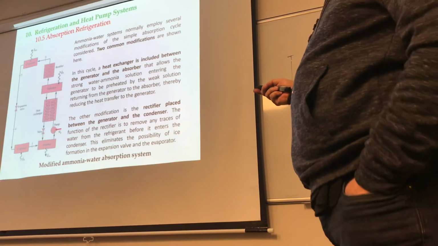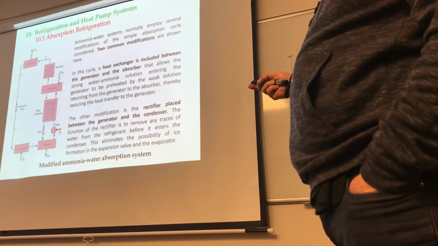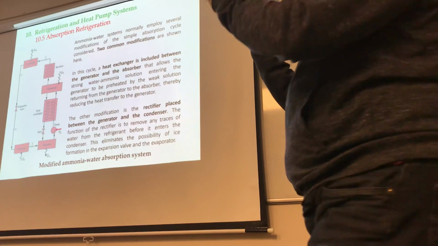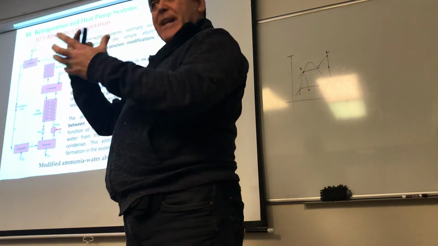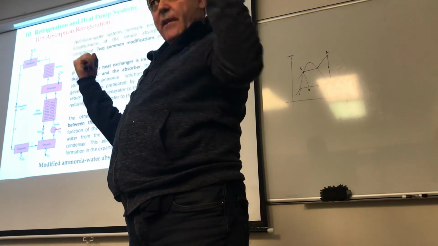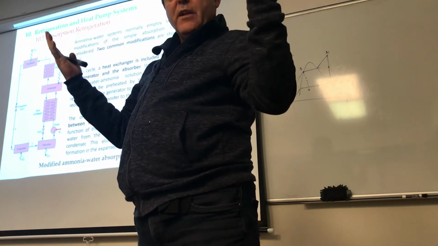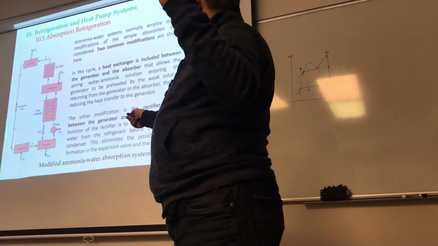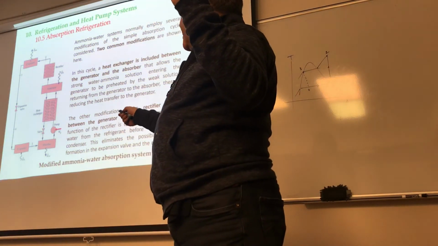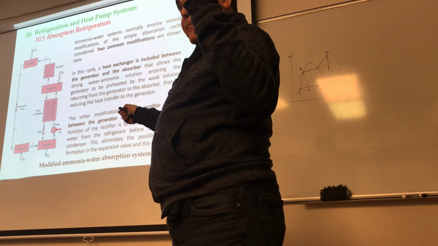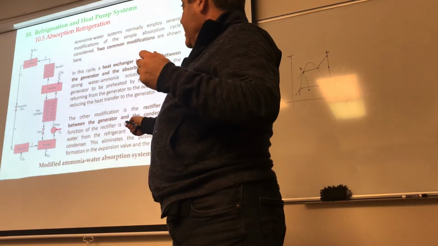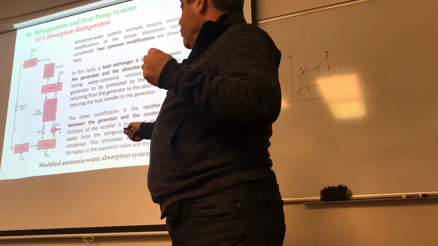Because remember what we were doing in the generator. We had the rich solution, and we were putting in a lot of heat to separate the refrigerant vapor from the liquid. Now, the vapor is supposed to go to the condenser, so that the heat comes out, but then the other weak solution is returned where?